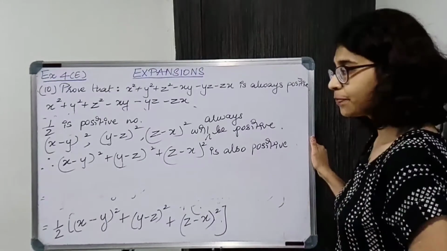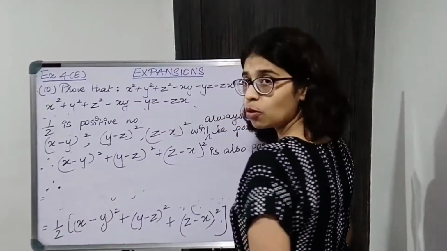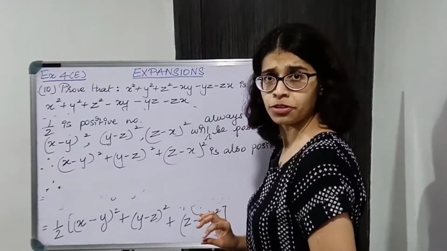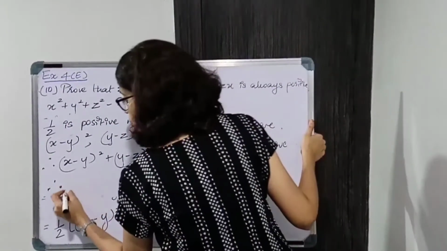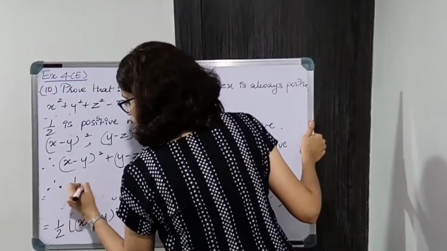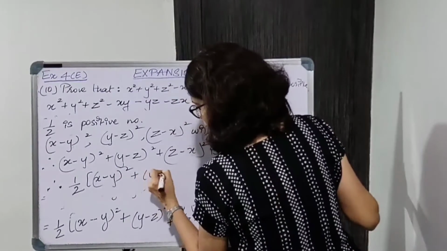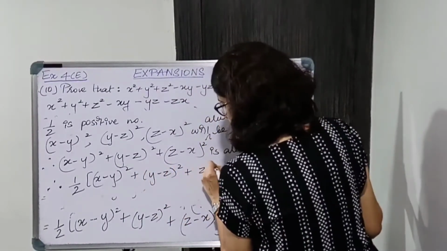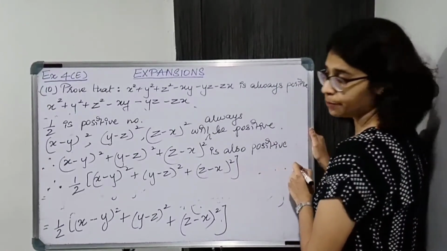So therefore this entire thing is positive. This means this is positive. So therefore half into x minus y the whole square plus y minus z the whole square plus z minus x the whole square is positive.